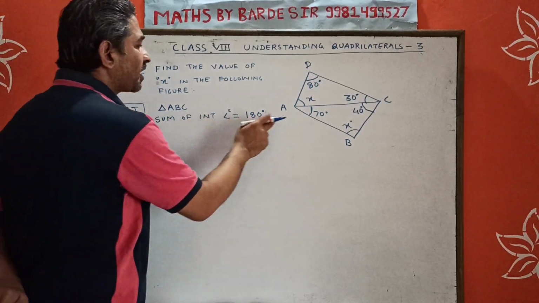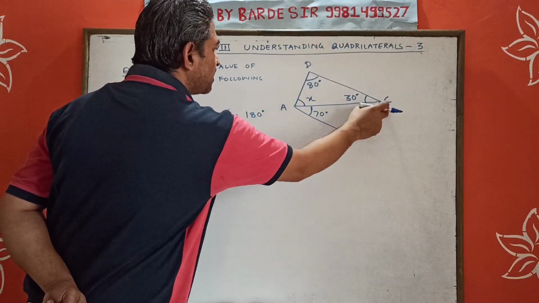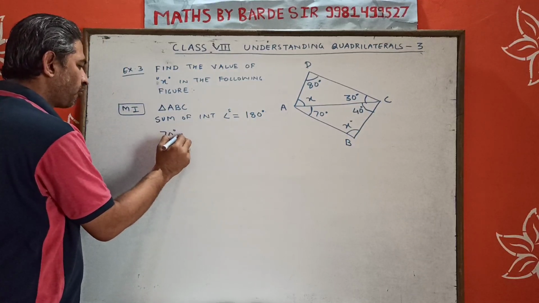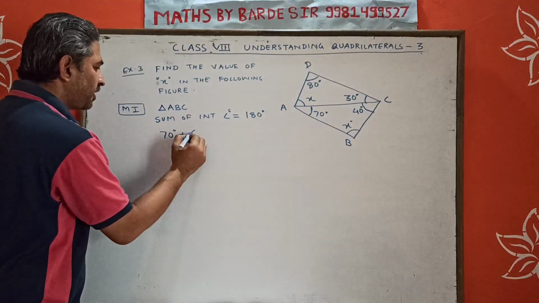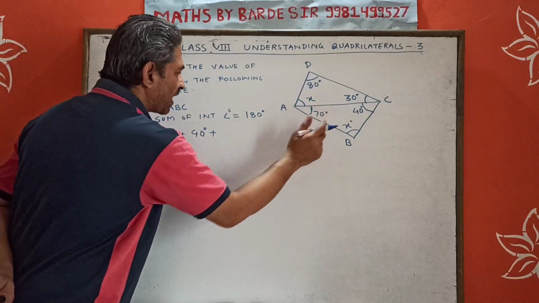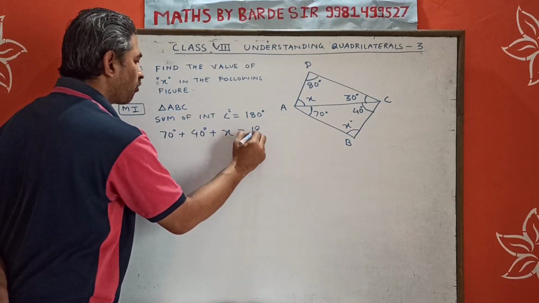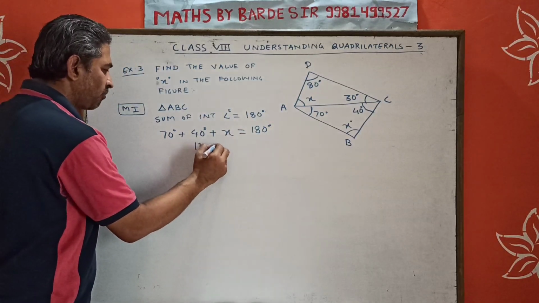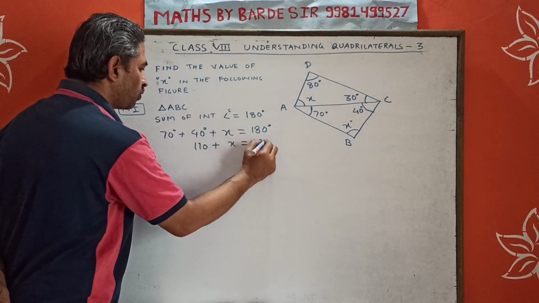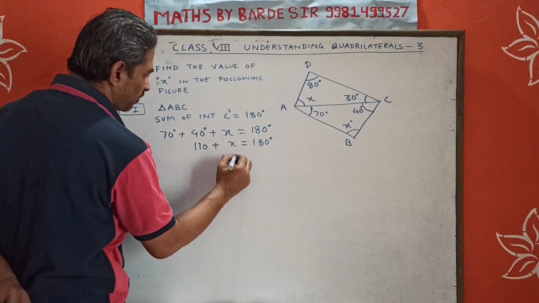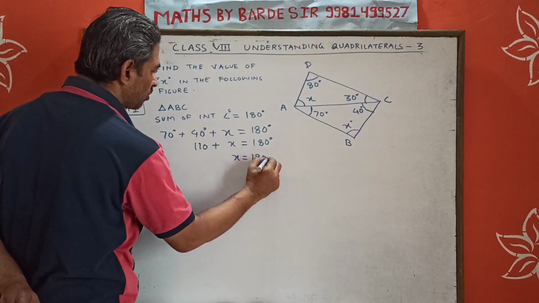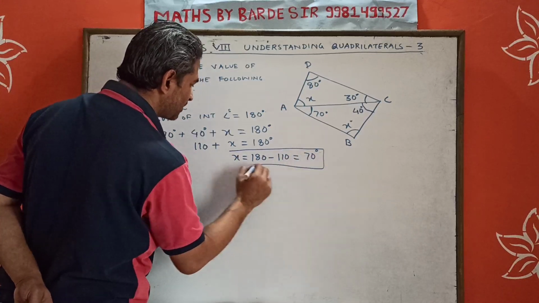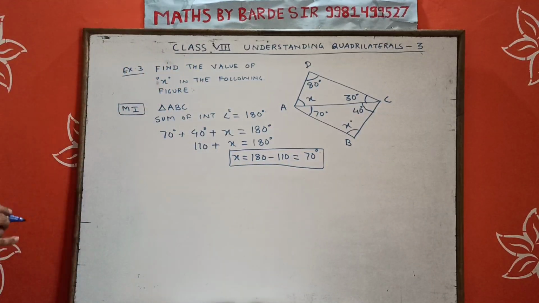We took this triangle ABC. In ABC the first angle is 70 degree, one angle is 40 degree, and the third angle is unknown, which is x, equal to 180. 110 plus x is equal to 180 degree. Therefore, x is 180 minus 110, that is 70 degree. This is the answer. This is one method.